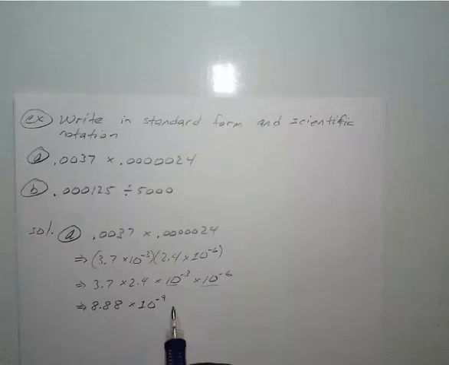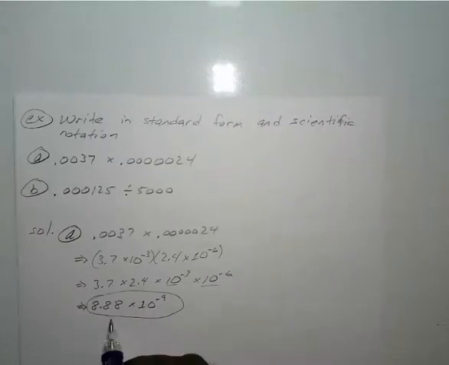Okay, now every once in a while they may tell you to round it to the nearest tenth or something like that. So this would be your answer for your scientific notation.